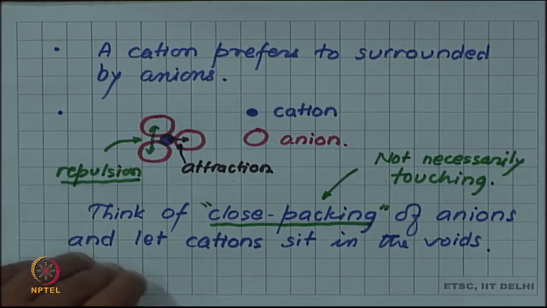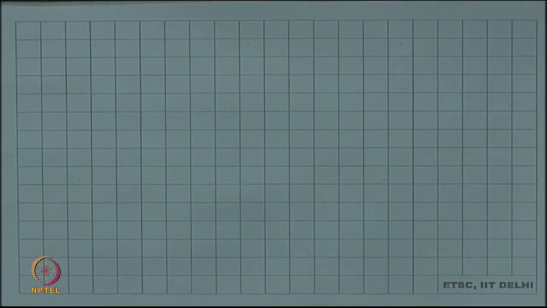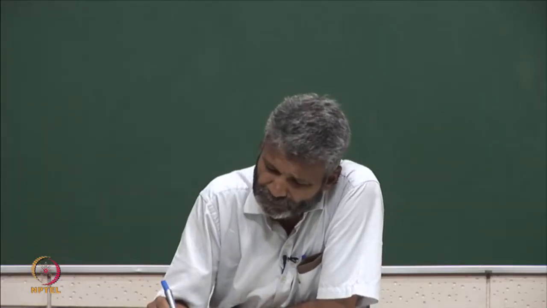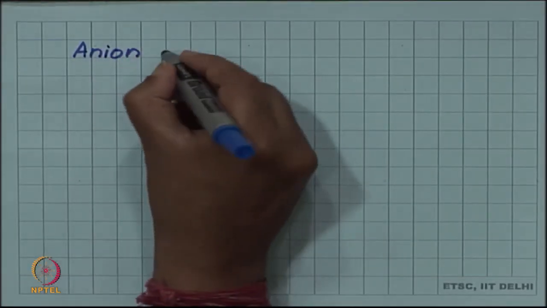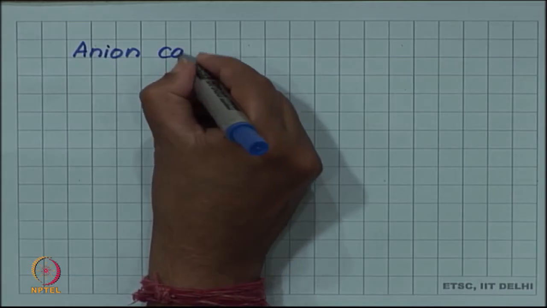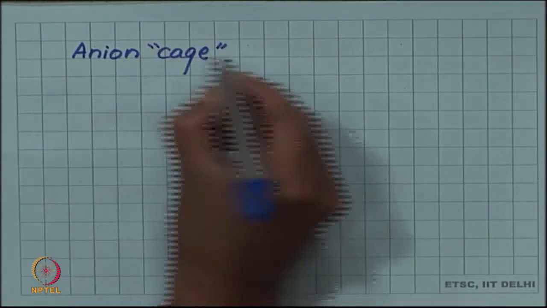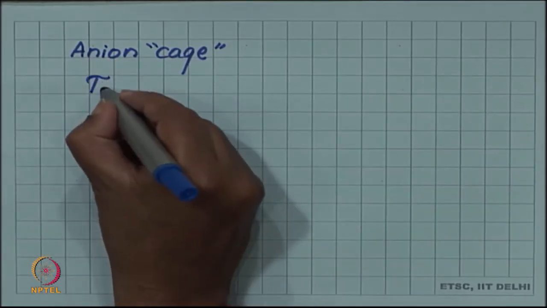So, let us start with a very simple anion cage, and that is a triangular cage. Let's call this the anion cage, a triangular anion cage.